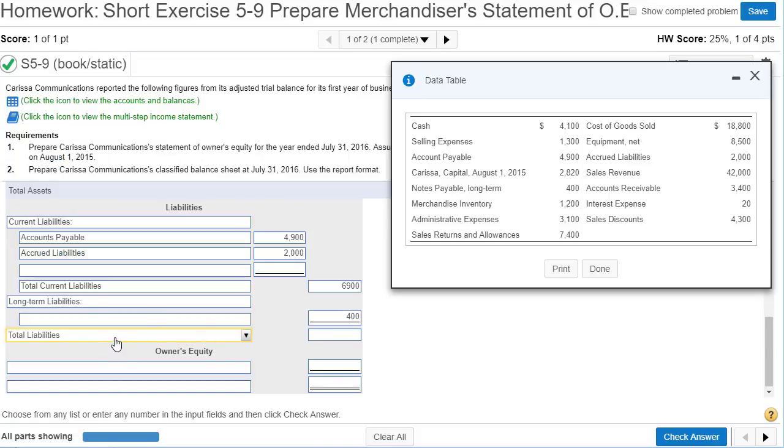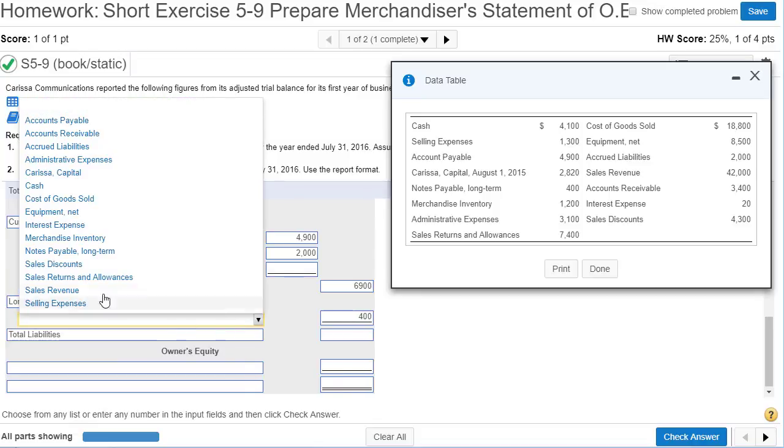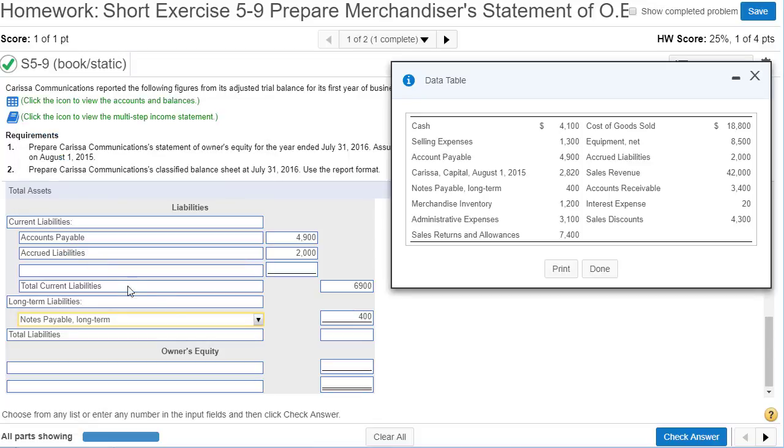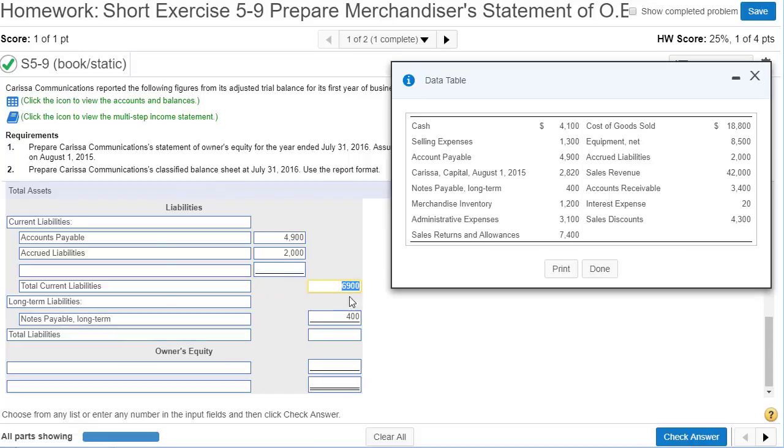They don't have a line for total long-term liabilities. I did forget this. What is this? This is note payable long-term. So again, the reason you know that this is total liabilities and not total long-term liabilities is this column has us adding the $6,900 plus the $400 gives us $7,300.